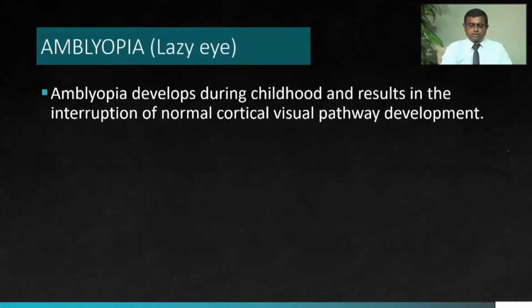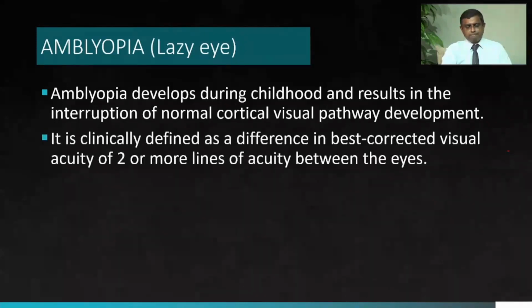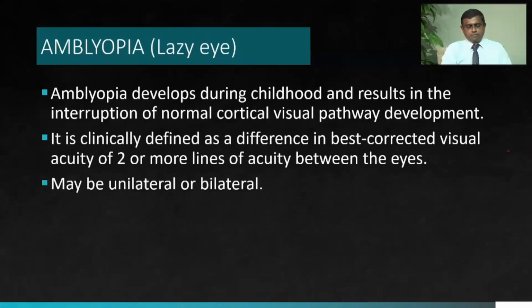So it develops during early childhood and results in interruption of normal cortical visual pathway development. So it is clinically defined as a difference of the two eyes' best corrected visual acuity of 2 or more lines.